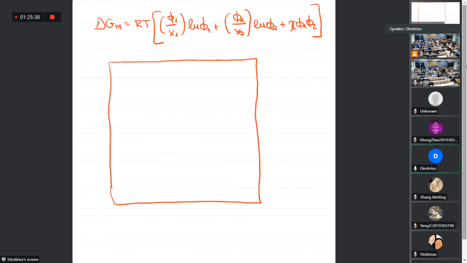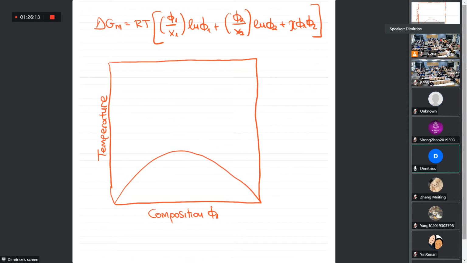We have on the x-axis the composition, let's say Phi1, of one type of polymer, and on the y-axis we have the temperature. There are two regions, okay? We have a single region where we have a single phase, and we have different regions where we have two-phase regions, okay?